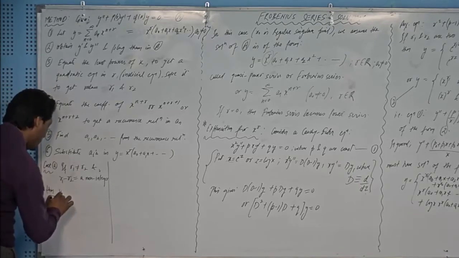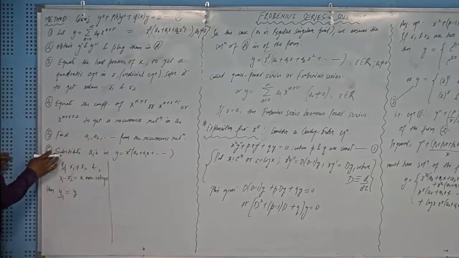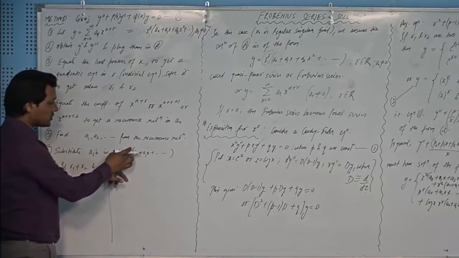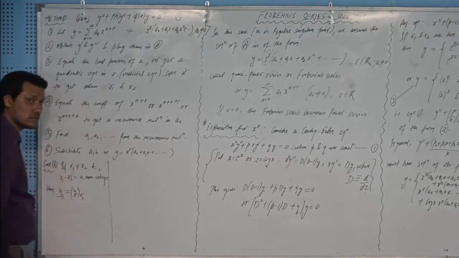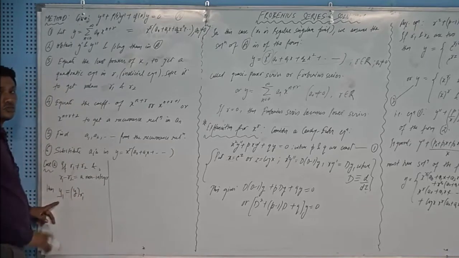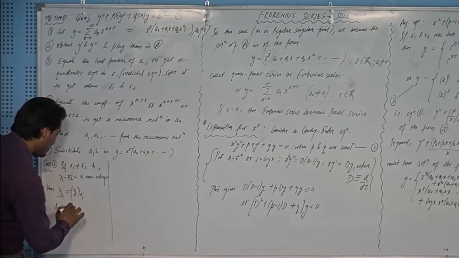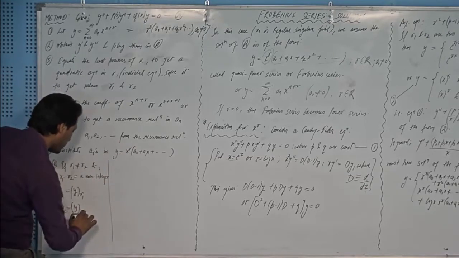Then the solution is of the form, then we have two solutions. The first solution is denoted by y1, and that is just the solution obtained in step number 6, and you can see that you have r here, right? You will just replace this r by r1, and that will give you the first solution y1. And the second solution will be obtained from this y by replacing this r by r2.